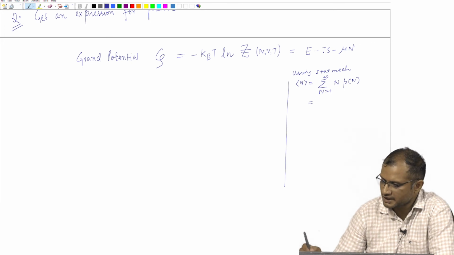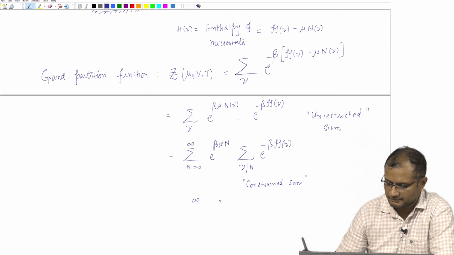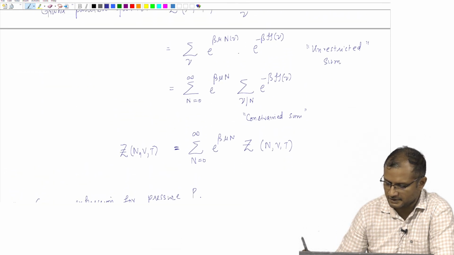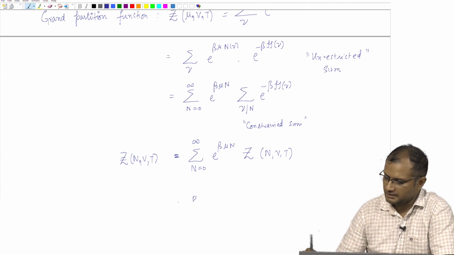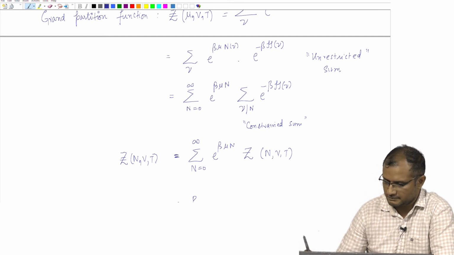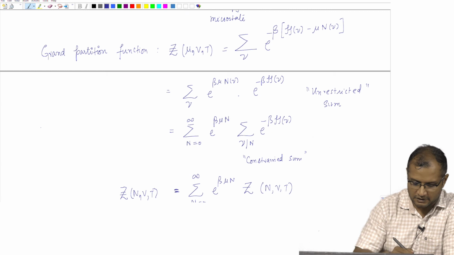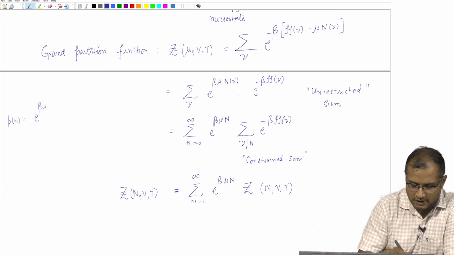So, if you look at the form of your PDF, somewhere I have written the grand partition function, here. You can write down the form of your PDF for n as nothing but e to the power beta mu n into the canonical partition function, divided by the grand partition function.